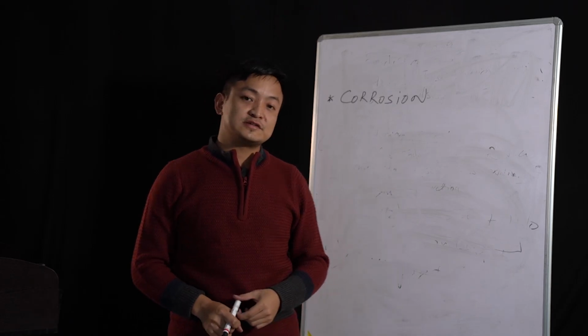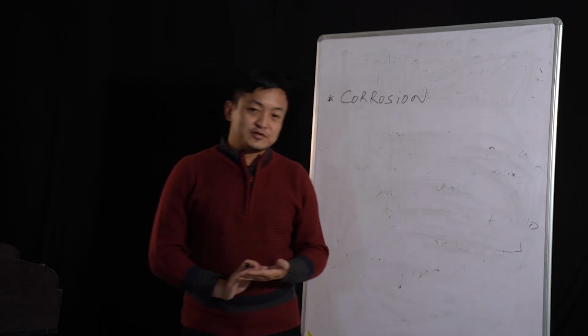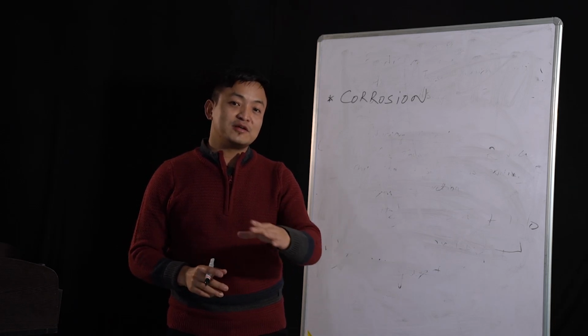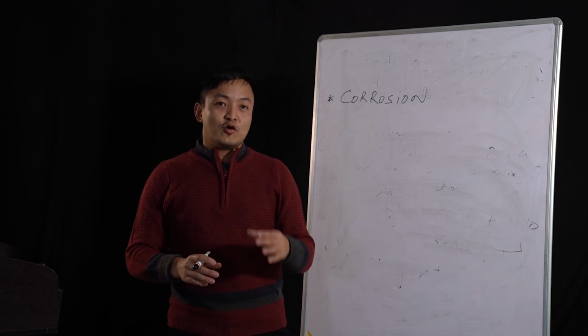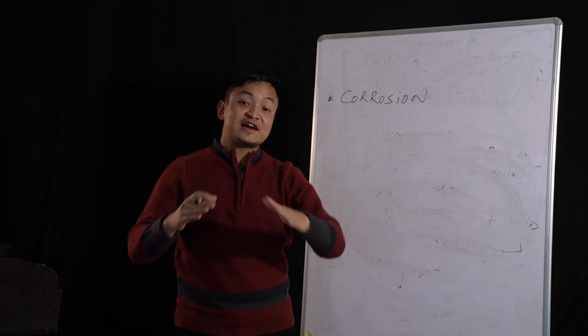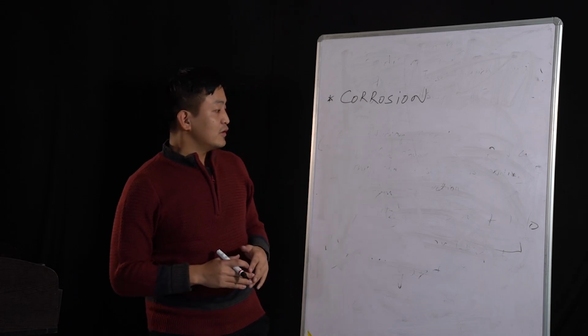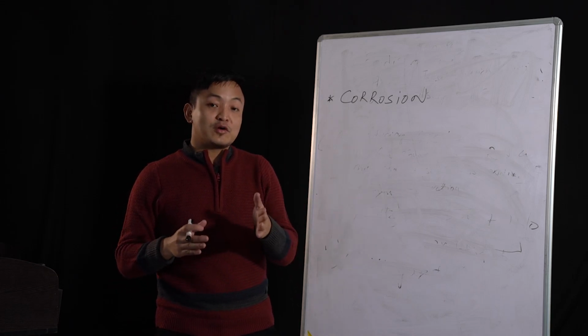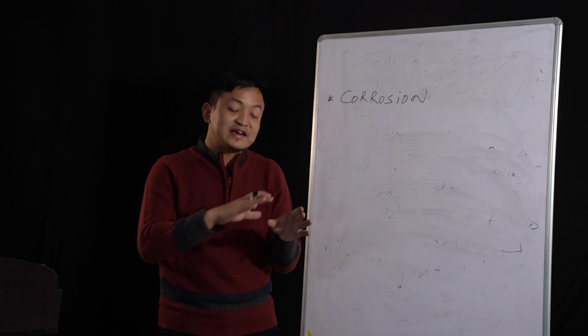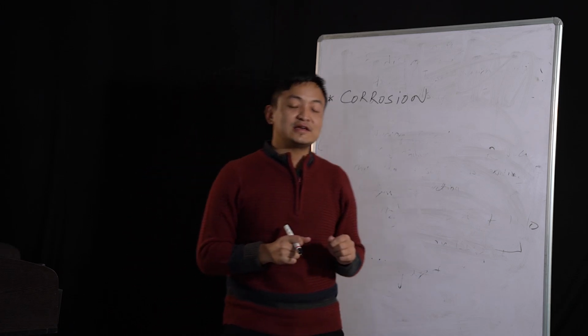What is corrosion? Have you ever wondered why do we have to paint on the metal surface? Or why does the metal roof look shiny? Or if you go to your washroom, you see that the tap is shiny. Why does it look shiny?